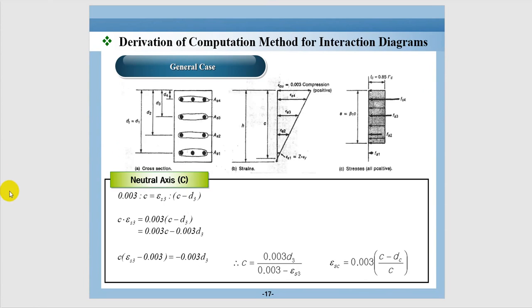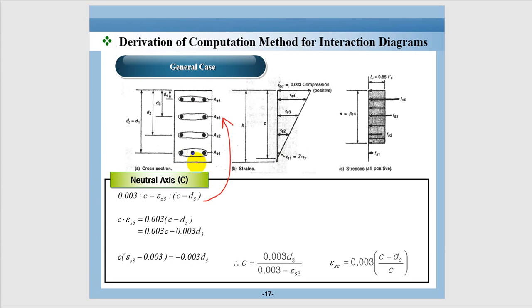Now we are going to calculate the strains based on strain compatibility for rebars and columns. So now let's take a look at the column section. Here we have a column subject to moment and axial load, so here we're going to have compression.